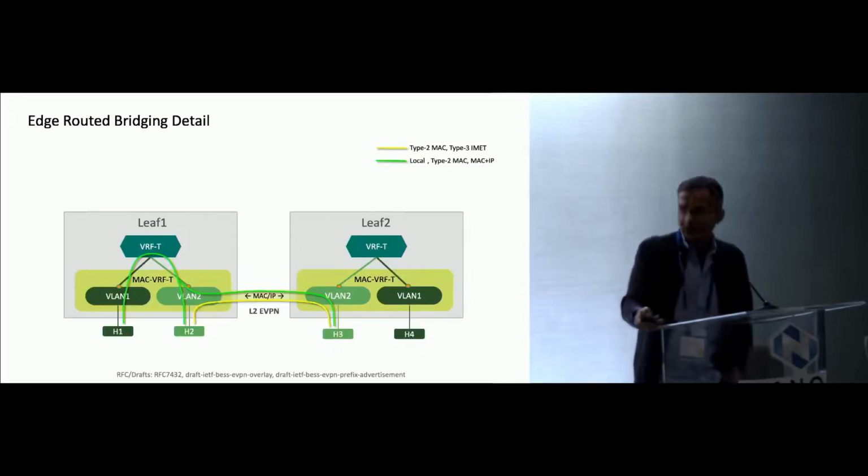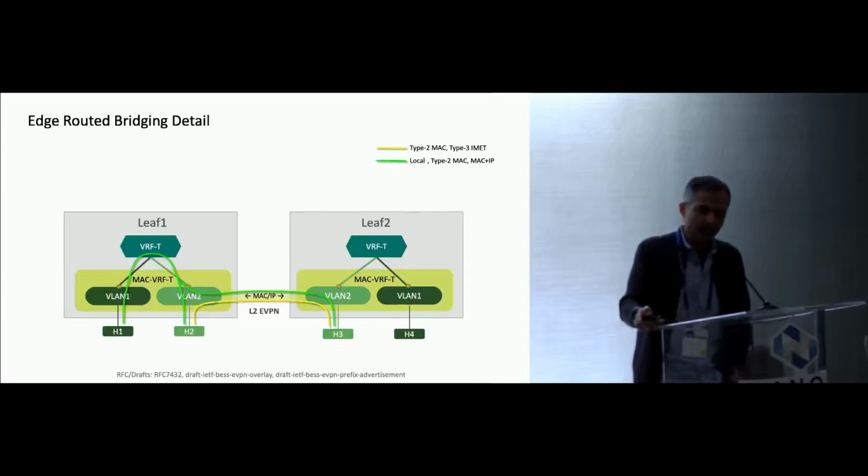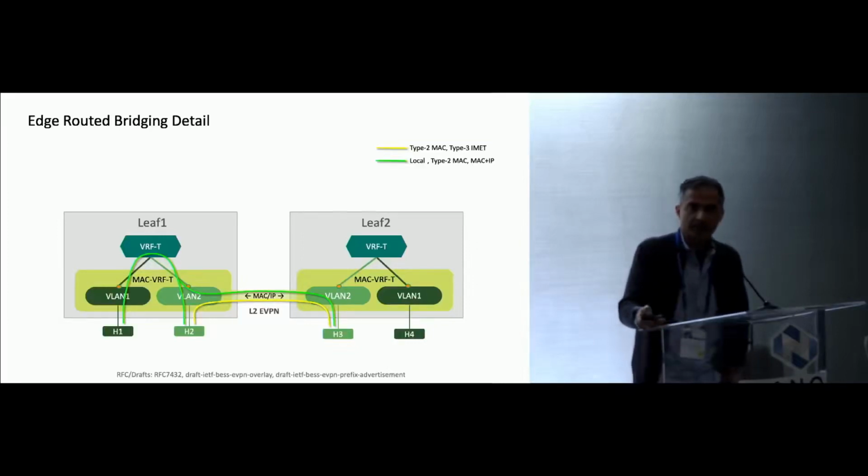Okay, so you can see the path is L2, L3, L2 on leaf 1, and then across L2. And reverse will be, again, L2, L3, L2. So the bidirectional forwarding pattern is asymmetric.